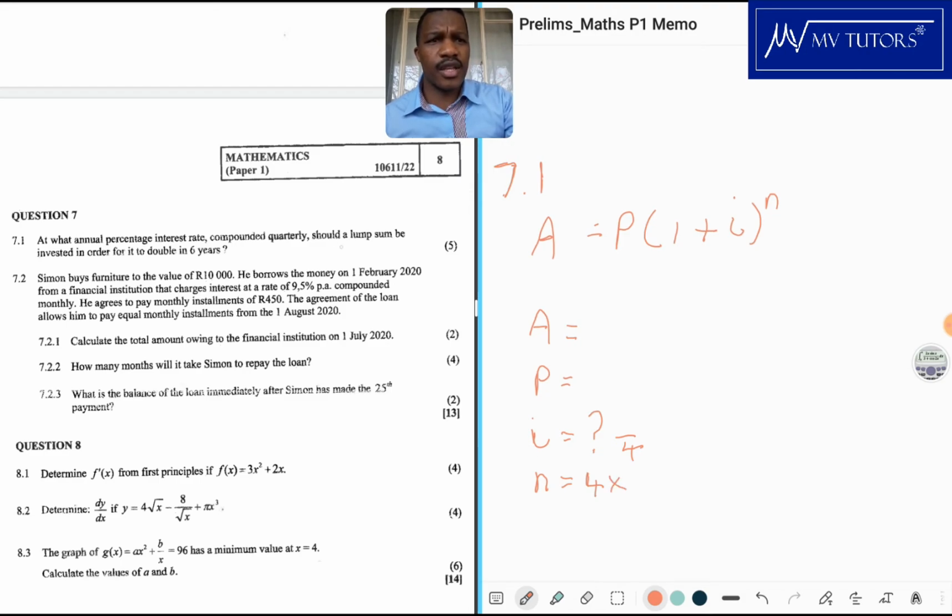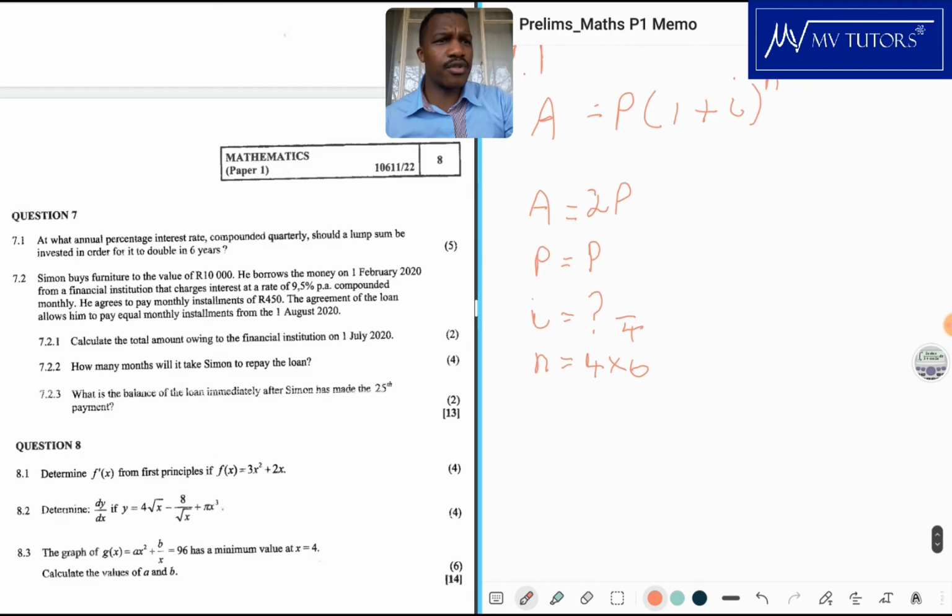The number of years is 6 years. Between P and A, the principal we'll call P, and then A, that's the tricky part. What is A? A should be 2P, because remember a double is twice the principal amount.